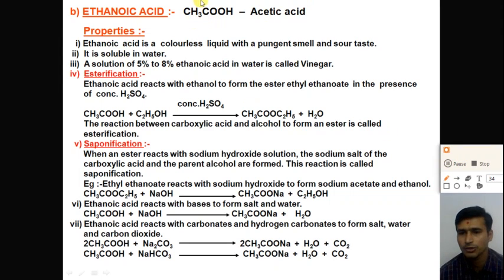So first is ethanoic acid. The molecular formula of ethanoic acid is CH3COOH. It is also known as acetic acid, right?